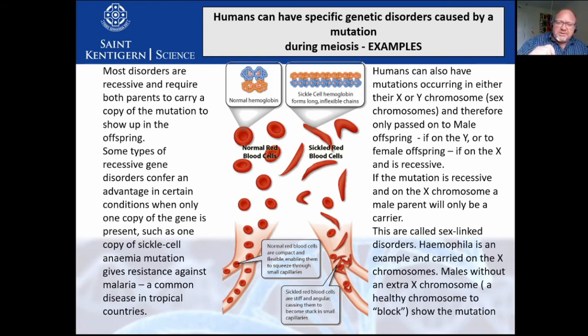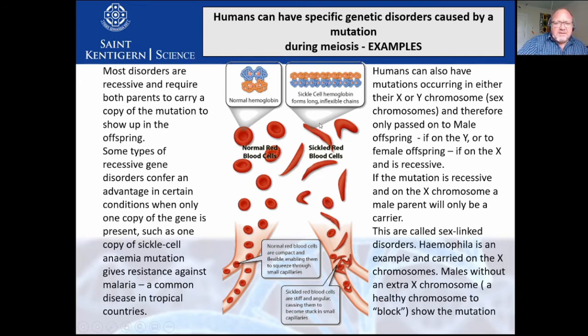So bi means two, cave, so biconcave, okay? Two indentations on each side. And that is how your normal red blood cells look. But when you have sickle cell anemia, and you're not homozygous but heterozygous for sickle cell anemia, then you produce normal blood cells and sickle cell blood cells.